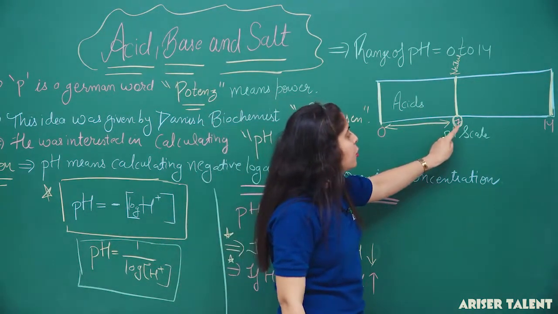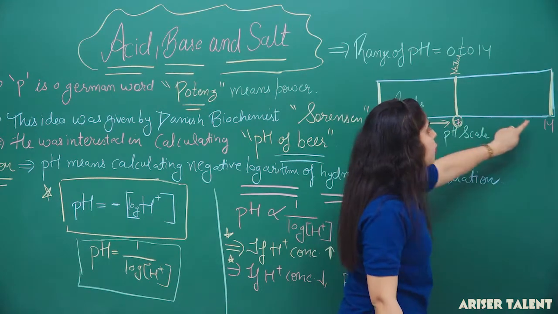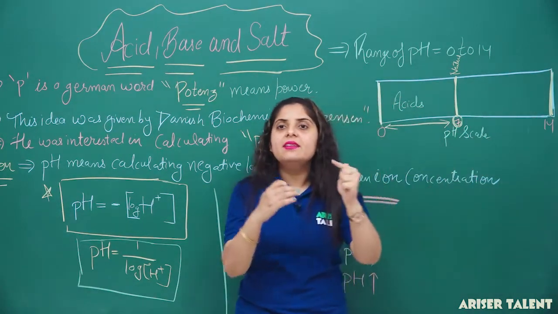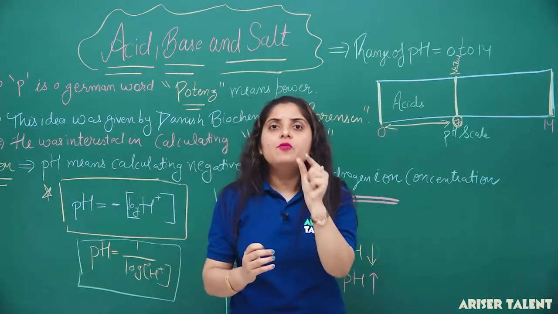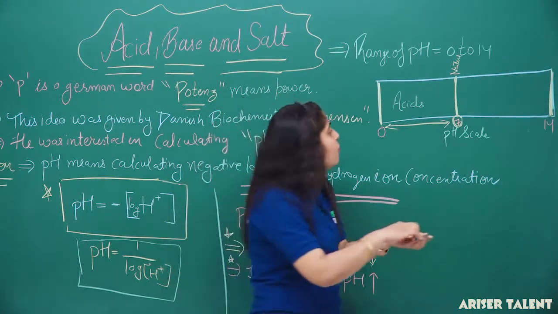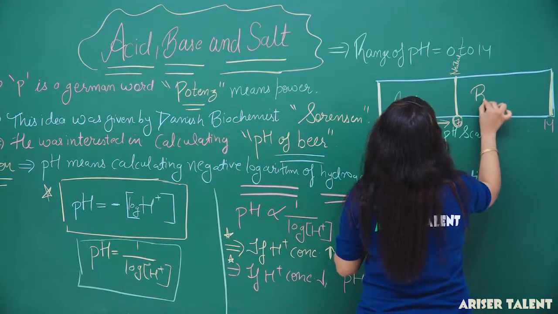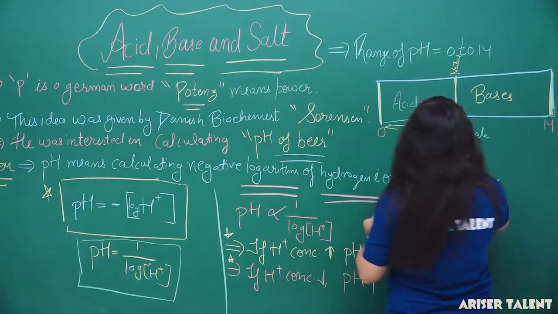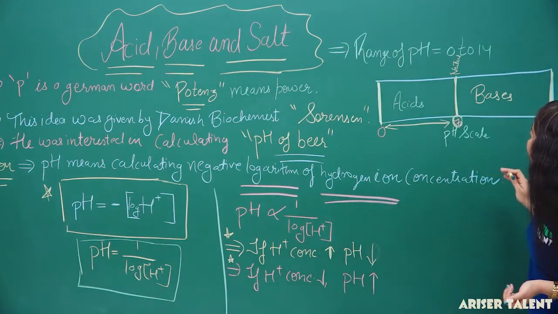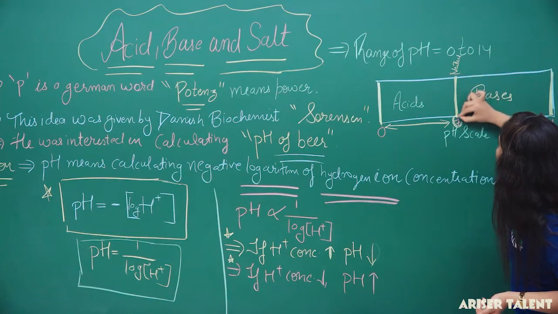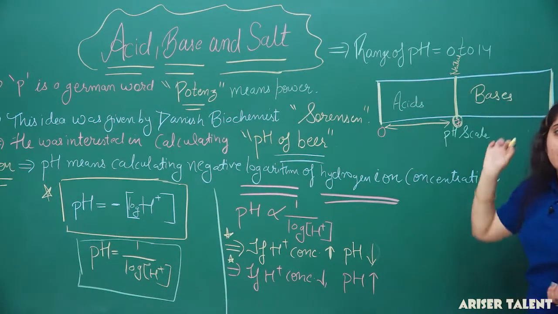If the pH of a solution lies between 7 to 14, meaning it is greater than 7 and less than 14, we consider it in the category of bases. I hope it is clear to you that at 7 we count the solution as neutral.